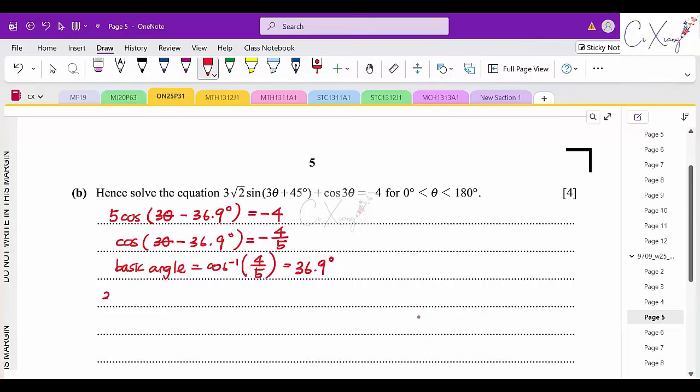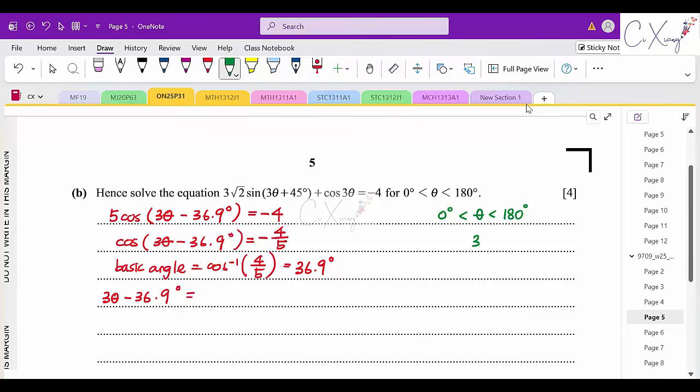So later, when I want to go through all the quadrants, I'm looking for 3 theta minus 36.9. Now I need to figure out which quadrants I need to consider and accept in our solution here. Since we are looking for the answer for 3 theta minus 36.9, I need to know the range that I need to consider for this particular phrase. Our final answer is theta, and they said theta must be between 0 and 180 degrees, not inclusive.